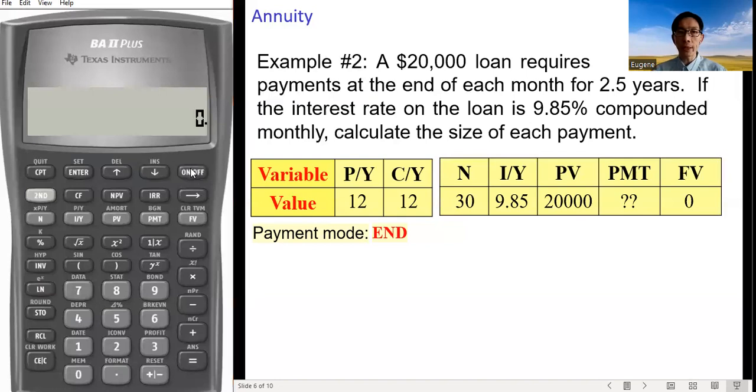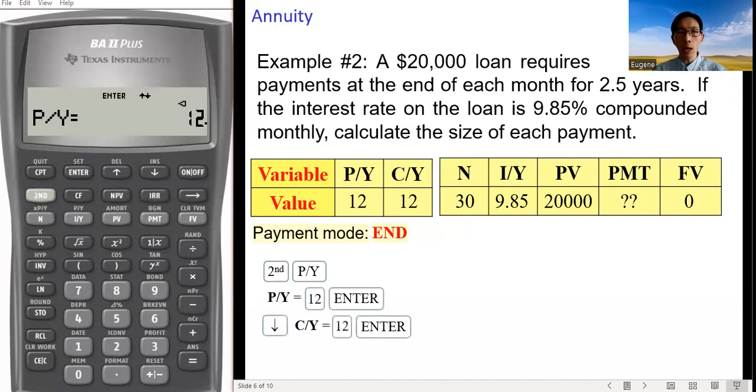Let's solve the problem with the calculator. The frequency worksheet. PY is 12. And then CY is also 12. And then we can quit the frequency worksheet.